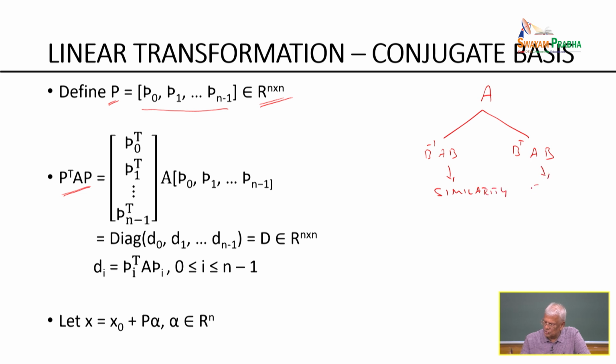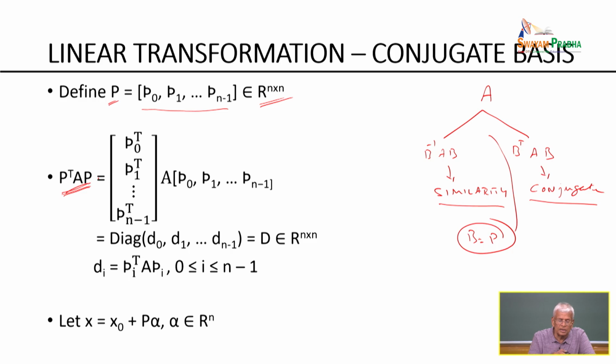This is called conjugate transformation. So, if I choose B equal to P, I get this. So, you can think of this as a conjugate transformation of the matrix A.